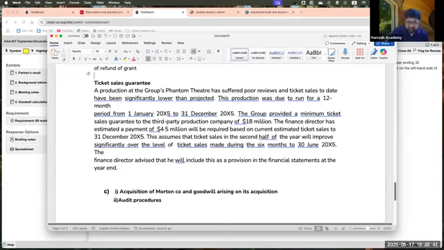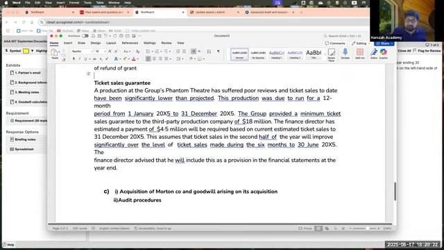And the assumption is that in the next 6 months, the figure will increase with the level of sales. Again, it is an estimation, which may be optimistic, and the finance director may be biased. He may be estimating it incorrectly just to avoid breaching the covenants related to operating profit. 4.5 million should be recorded as a liability, a provision.